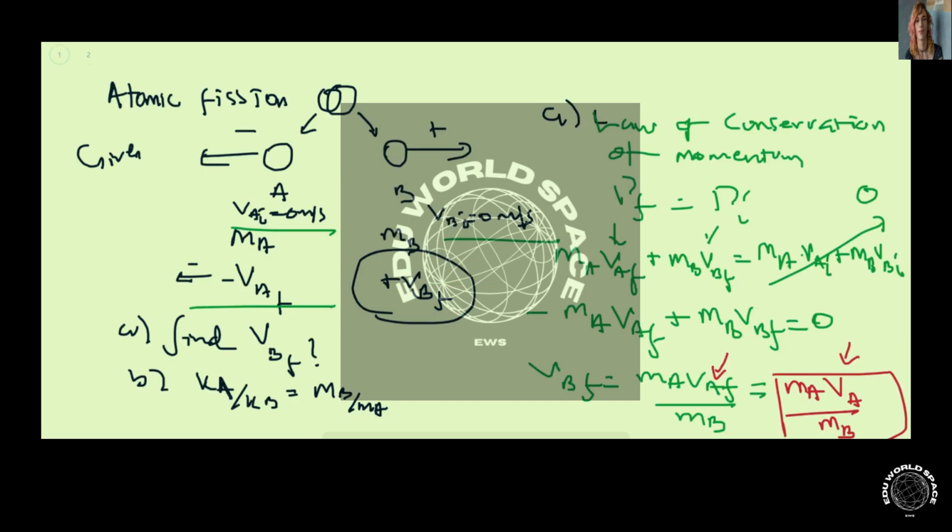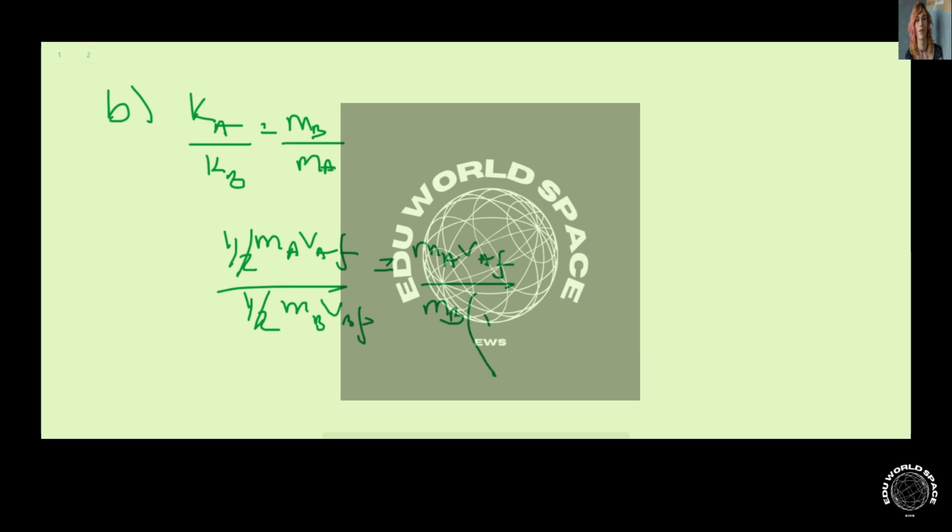VB final was equivalent to MA VA final over MB. So MA VA final over MB, and since it's kinetic energy, the velocity has to be squared.